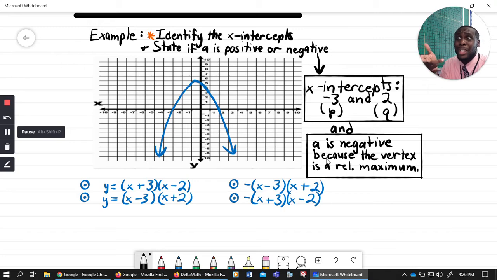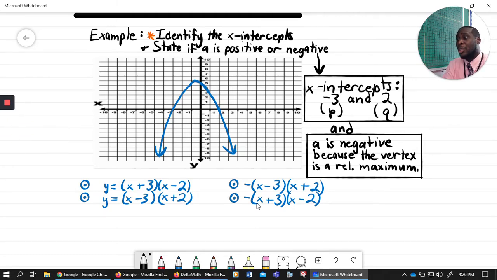Then, guys, you use your process of elimination, because there's only one of those two possibilities where the A value is negative, and you make that choice based on that.